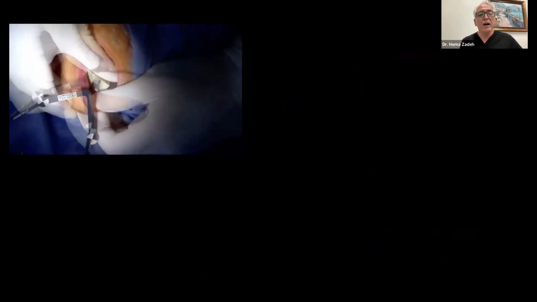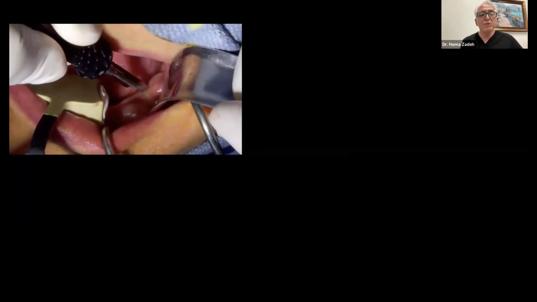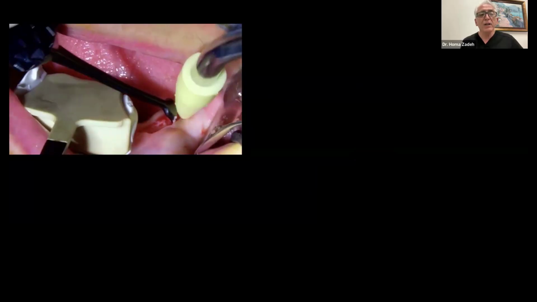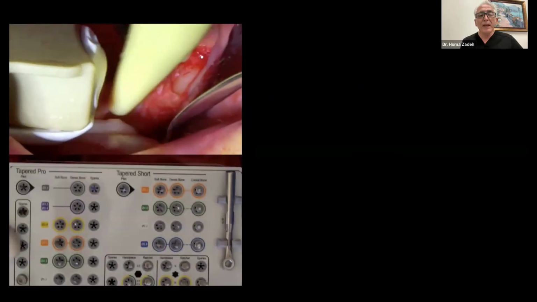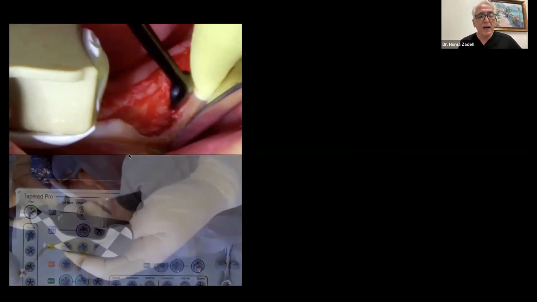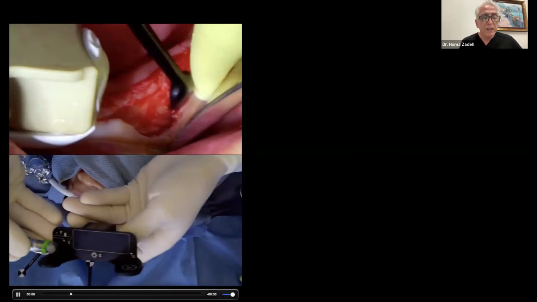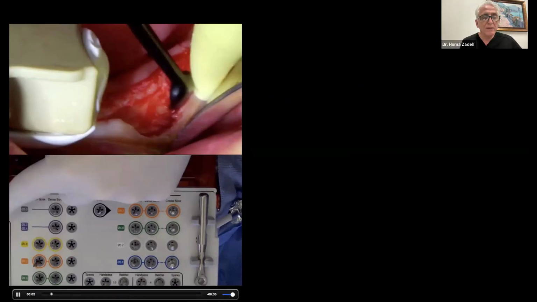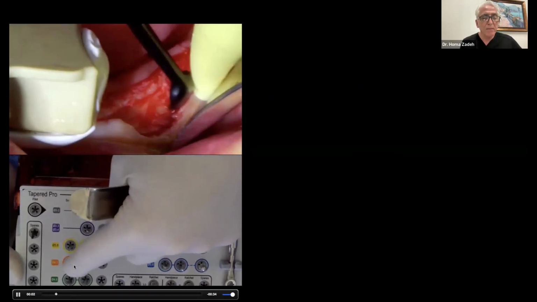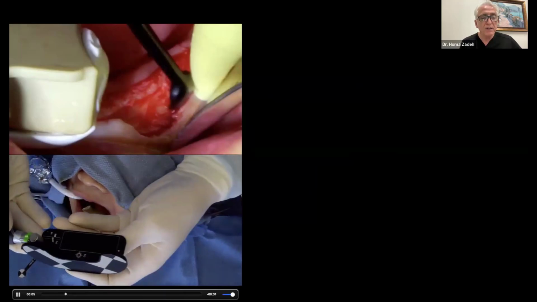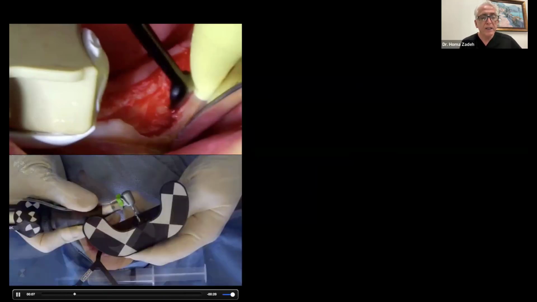So I'll show you how this works, placing these trackers in to be able to do the navigation surgery, doing a flap. And then this is the Taper Pro kit, which is very nice. There are only three drills. You see that you have the pilot drill, and then you have the soft bone drill and the final drill. So only 3 drills for each implant for dense bone.